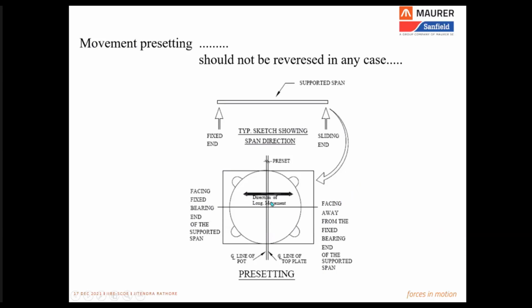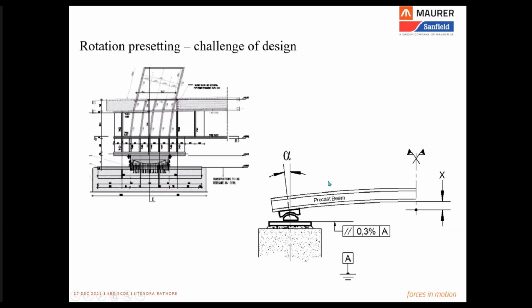Presetting is another important point. If you have presetting in your bearings, you have to make sure that the direction of preset is rightly placed. Sometimes in some special designs, some special cases, there may be a requirement of a rotation preset also. If a steel deck is erected, it is often given an initial camber, or you can say longitudinal super elevation, which is expected to settle down when the entire construction on top of the deck is over.